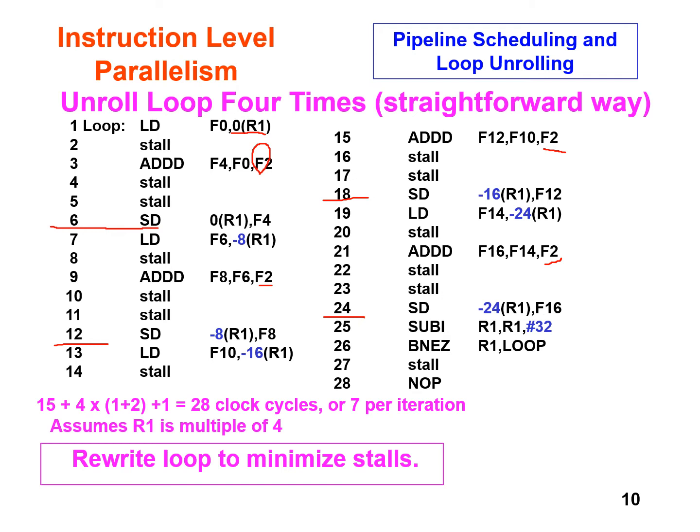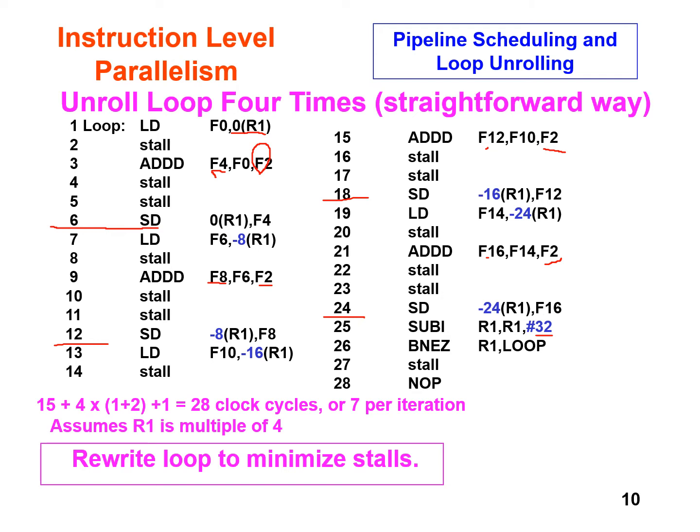I am going to store the result of the first looping statement in F4, the second addition result in F8, the third in F12, and the fourth in F16. Finally I do the subtraction by 32. Why 32? Because I have unrolled 4 times, 4 into 8 is 32.